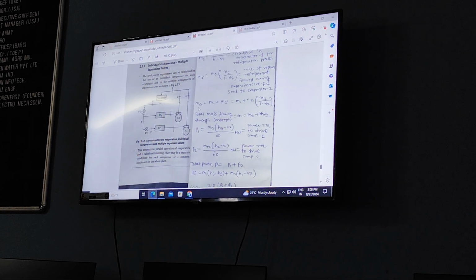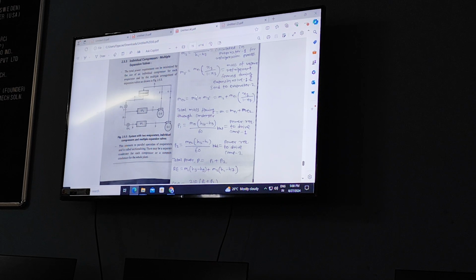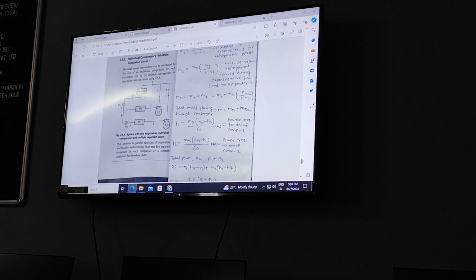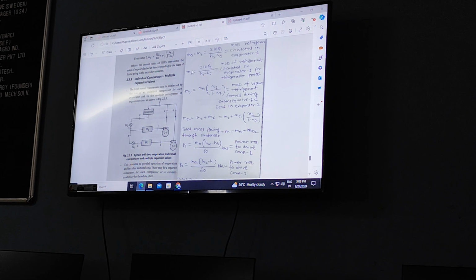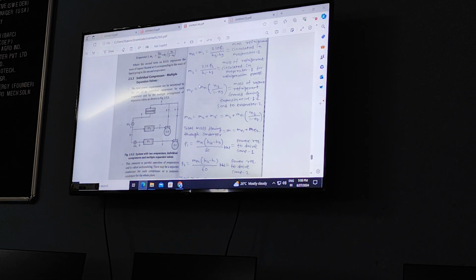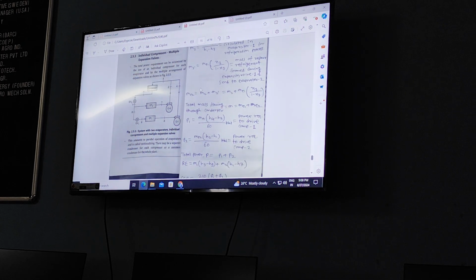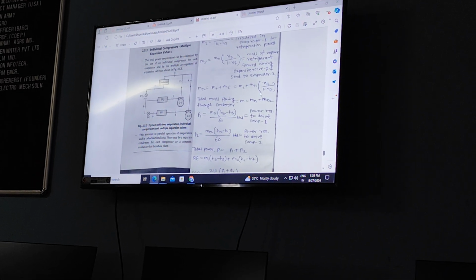ME2 is what? Mass of the refrigerant that is circulated in evaporator 2. But the entire mass does not take part in the refrigeration process. Only this mass takes part in the refrigeration process because it is the cold one. Okay? That is ME2 is equal to M2 plus M2 dash, that is equal to this. Okay?